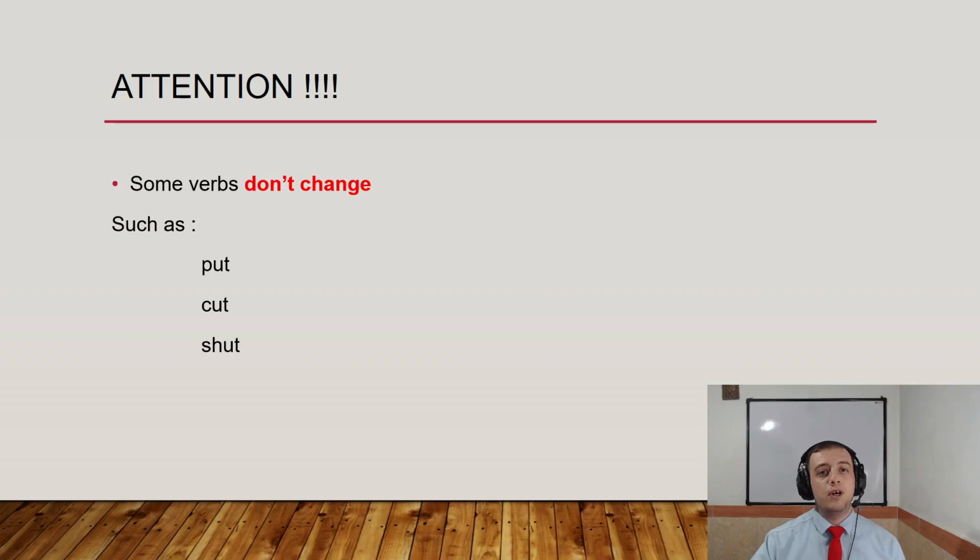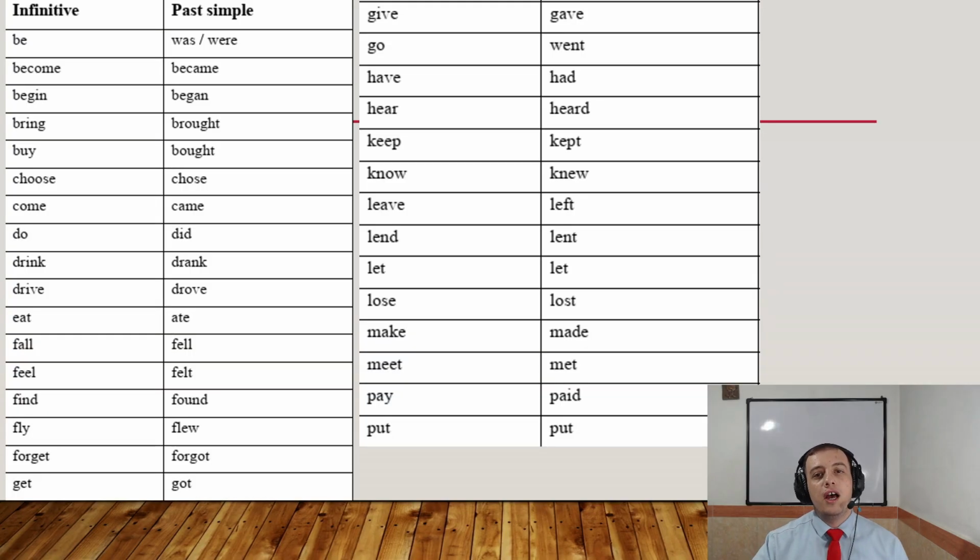The first one was simple present, but the second one was past simple. They don't change. You can see the verbs here in this picture, and you can take a screenshot to have these verbs and review it after watching this video.